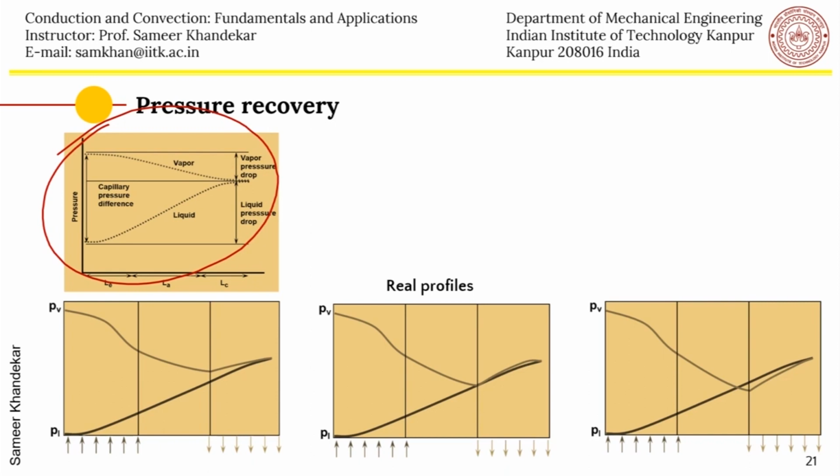But the theory which we have just studied can give you the pressure drop of that type as shown on the top here, which is the ideal profile from this type of analysis.